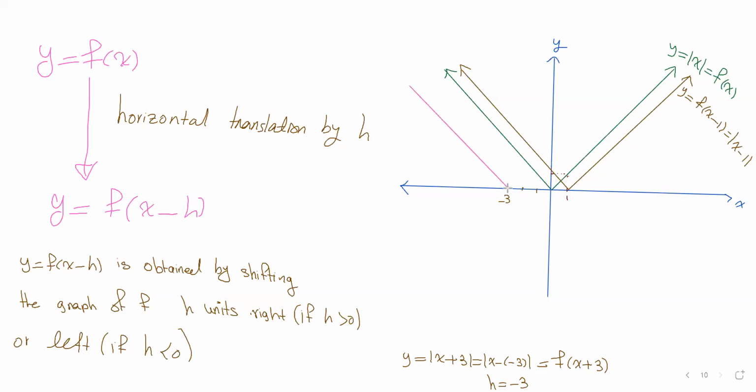It's exactly the same thing. You're just shifting. Nothing changes. So this is the absolute value of x plus 3, which is f of x plus 3. Is it clear, everybody?